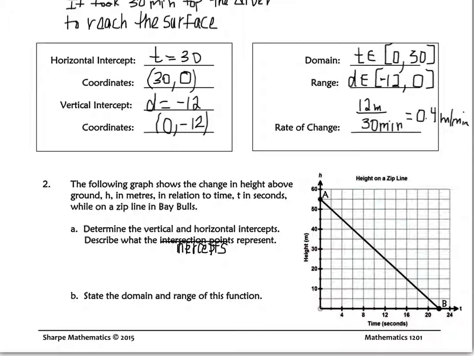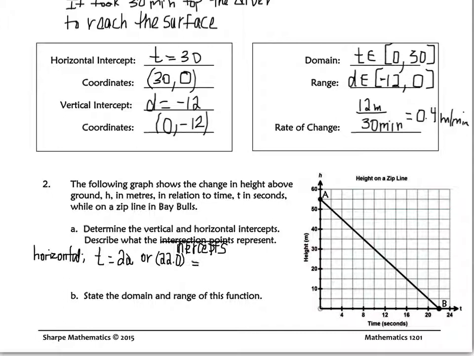So the first one is the horizontal. And that would be t equals 22, or 22, 0.